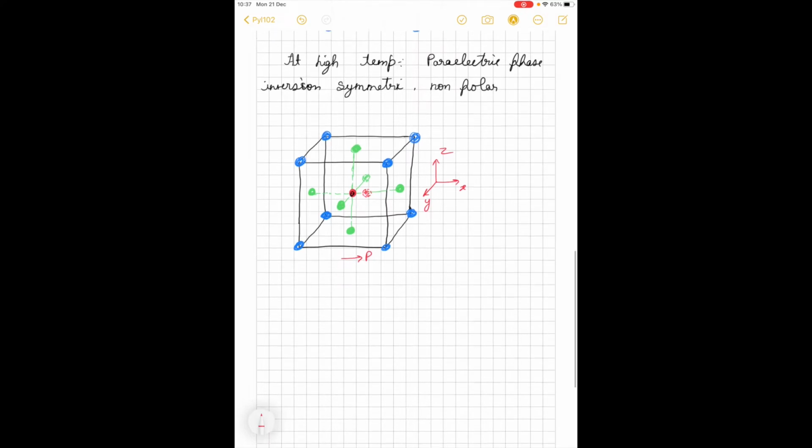Similarly, if the titanium atom is in the negative x, it's one of the configurations. Then the polarization is along the minus x direction, or y, or minus y, or z, or minus z. So we have six configurations.